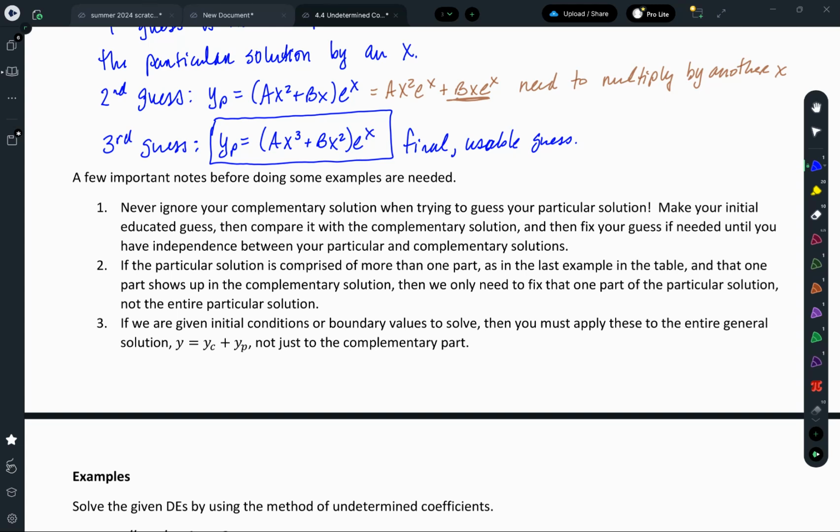Three, if we are given initial conditions or boundary values to solve, then you must apply these to the entire general solution. That would be the y equals y sub c plus y sub p. We would never just apply it to the y sub c, okay? Although it will be tempting.